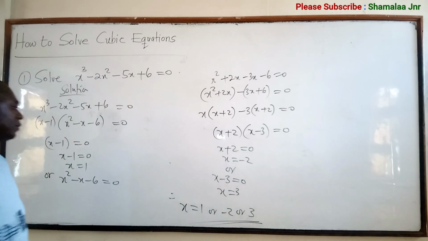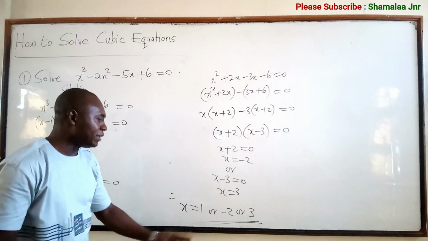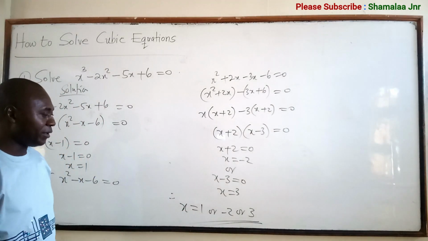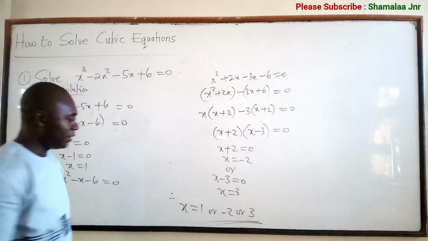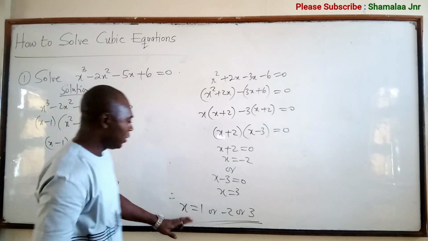Yes. So these are the values. So x is equal to 1 or negative 2 or 3. Isn't it? Okay. So these are the values of x.